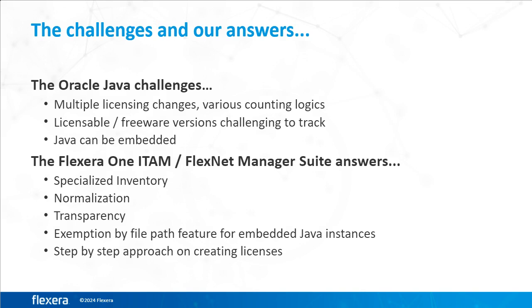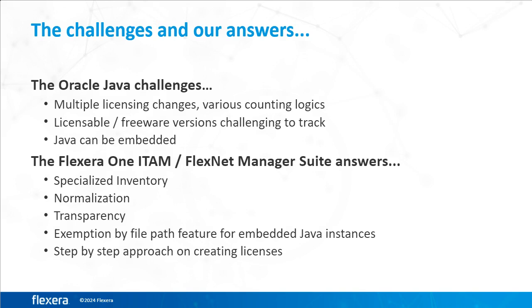And sure, we will provide you hands-on answers on how we do that in our two offerings here: the Flexera One cloud solution, and for on-premises customers, the FlexNet Manager Suite. And this is talking about the complete chain, right? It starts with a specialized inventory. I will explain why it's important.